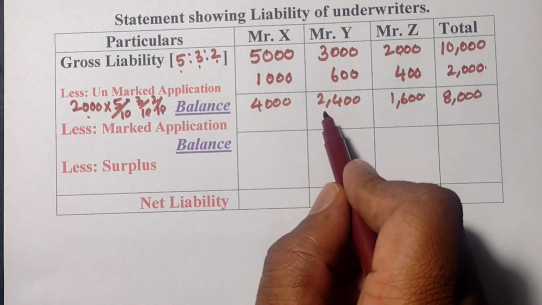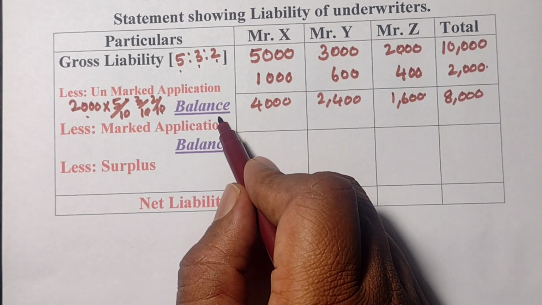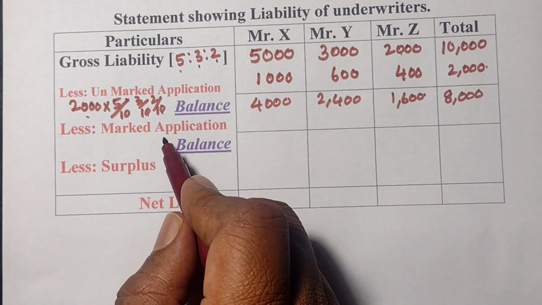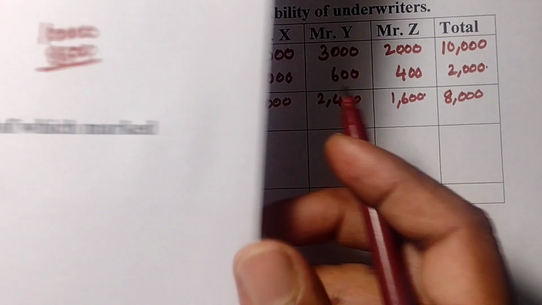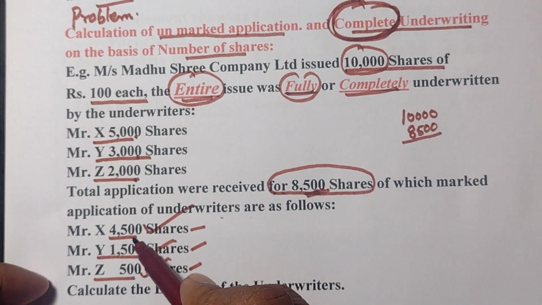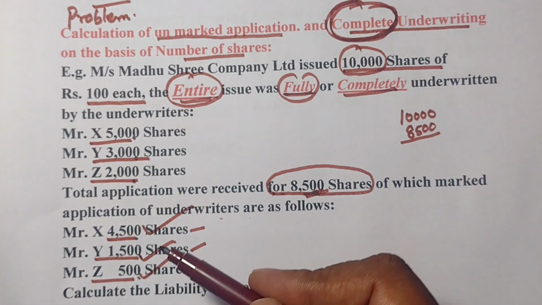That 4,000, 2,400 and 1,600 that we got is called the balance. Next we have to less the marked application. The marked applications of the underwriters are: Mr. X 4,500, Y 1,500 and Z 500.